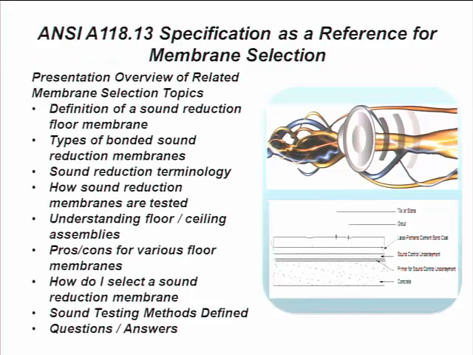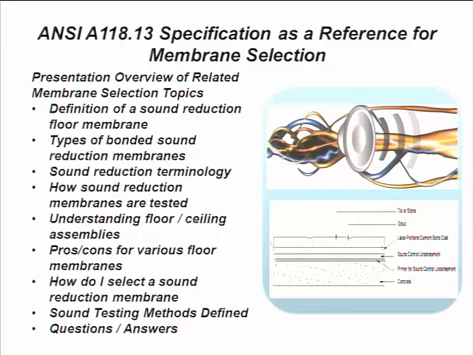Looking at the areas that we'll talk about briefly through the course of this presentation, we'll be talking about the definitions of sound reduction, the types of bonded sound reduction membranes, and this specification is designed only on bonded membranes.